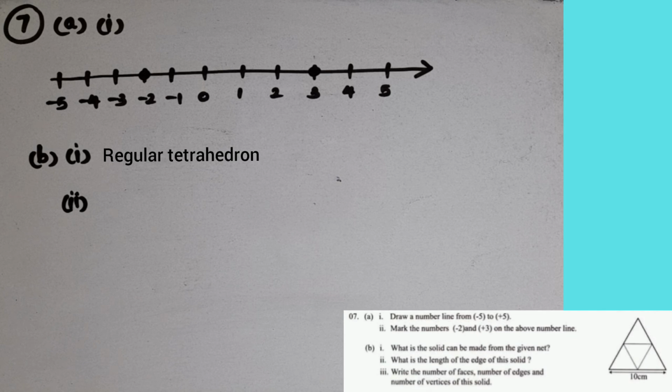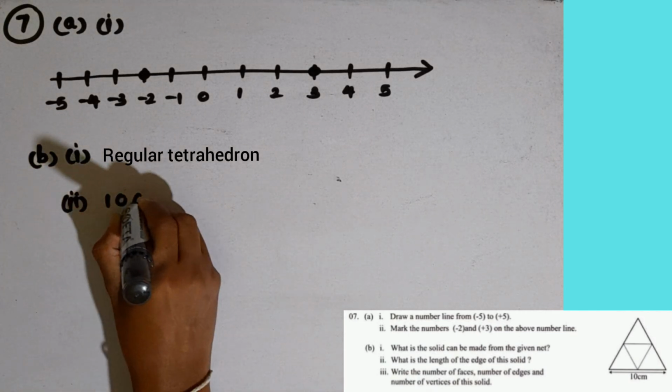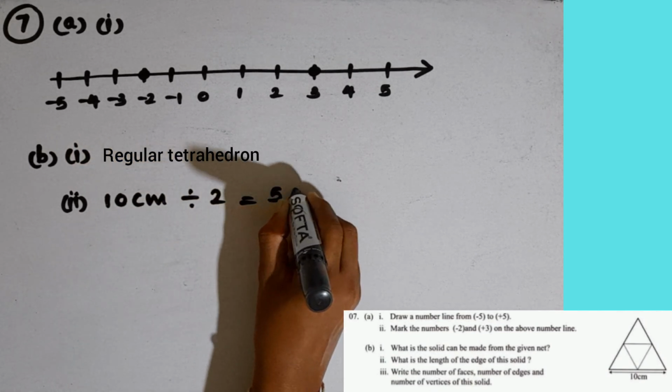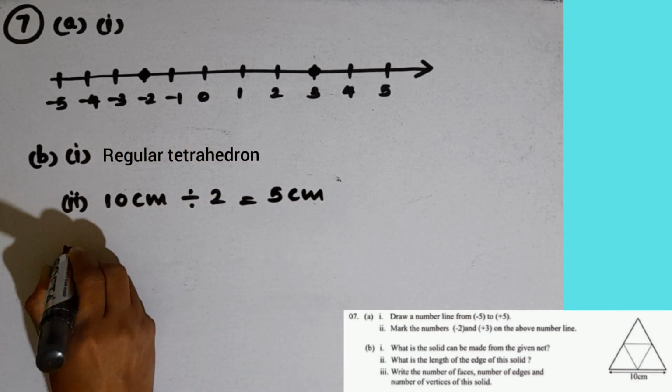Then part 2. What is the length of the edge of this solid? The length of 2 edges is given as 10 centimeters, so 10 centimeters divided by 2 is 5 centimeters. Then part 3.